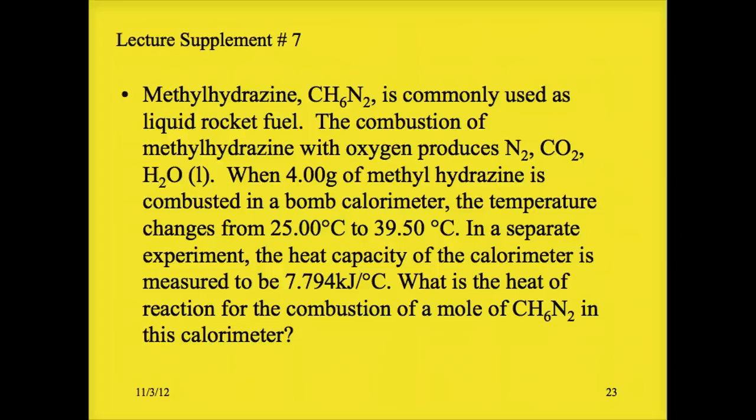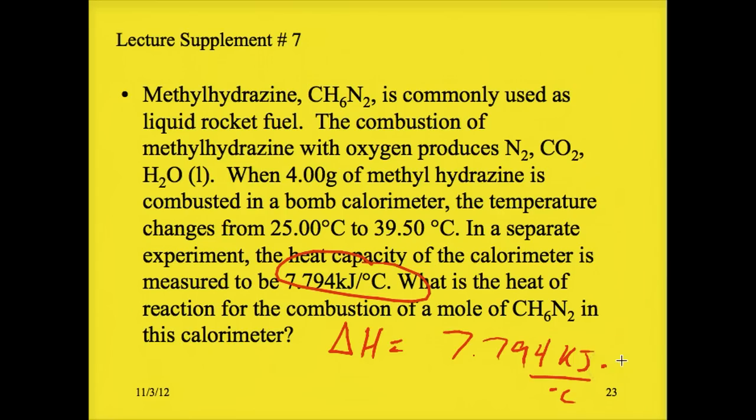Well, the delta H that we're dealing with here is the bomb calorimeter value times the change, the delta temperature. 39.5 minus 25 gets me to, I'm sorry, 14.5 degrees Celsius.